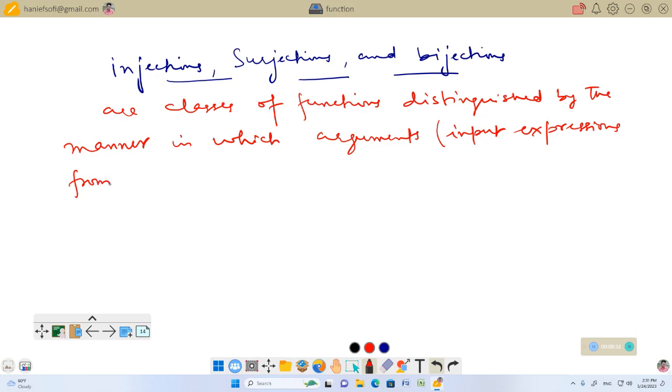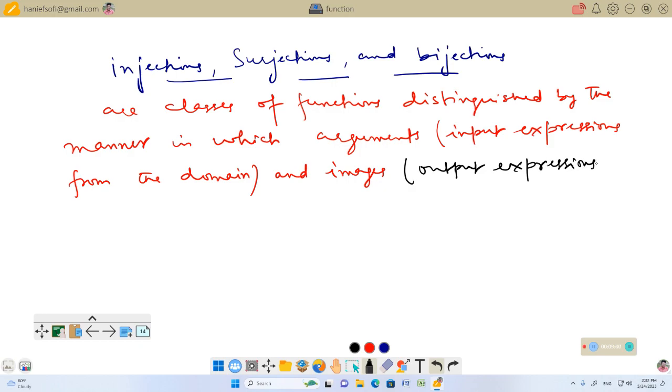So input expressions from the domain and images, images are output expressions, and those output expressions are in which set?